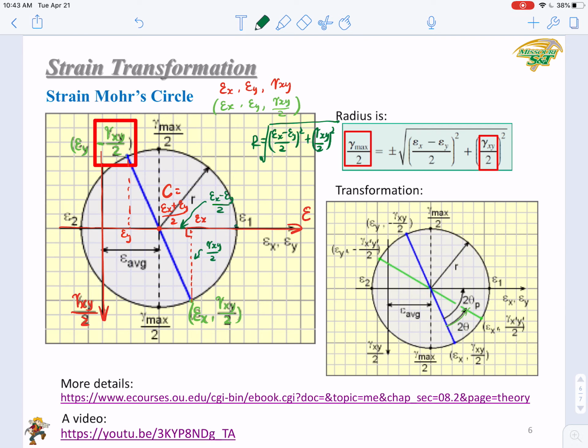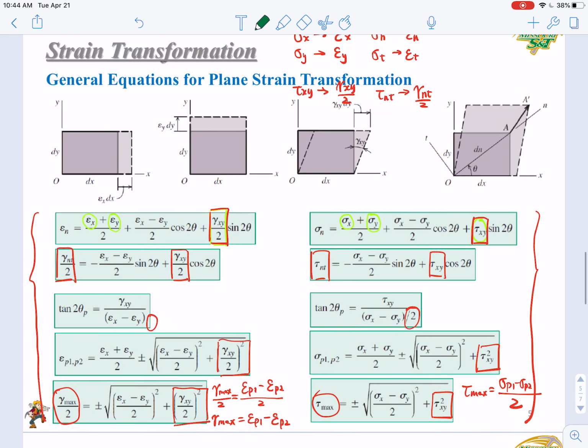So then, what are the principal strains? Epsilon p1 will be just C plus R, and epsilon p2 will be C minus R. You know the C, you know the R, so you should be able to find these equations.